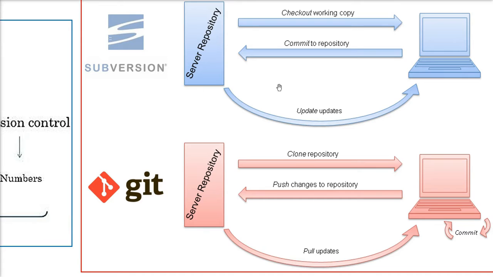So we have the server's repository. We first check out a working copy, then commit to the repository, then update. You can also clone the repository, and then you can push your changes to the repository, which is the database. You can also pull the updates and commit when you have already done everything.